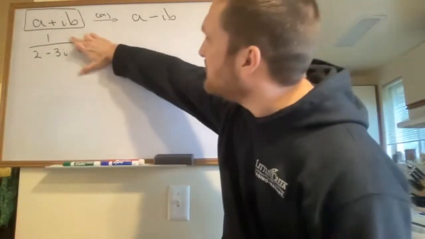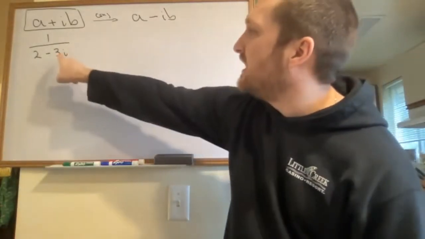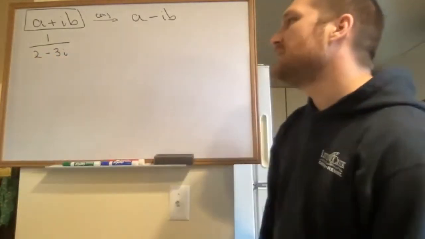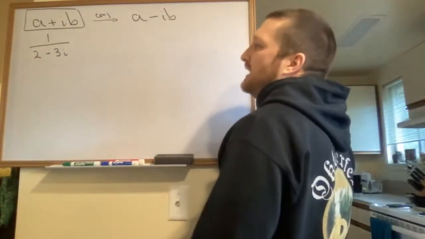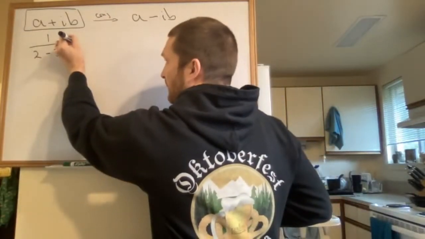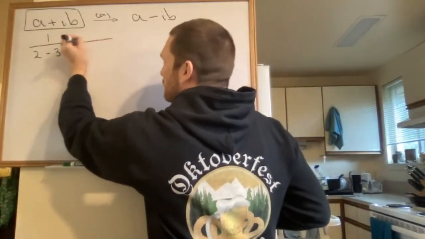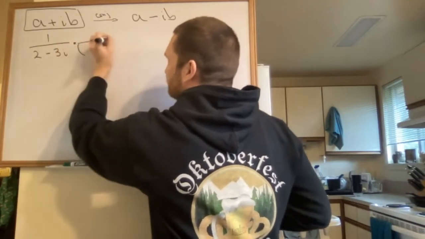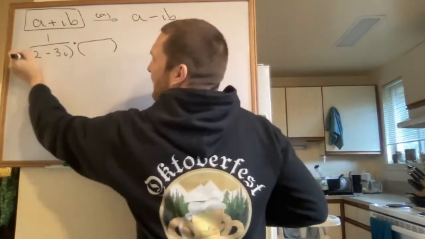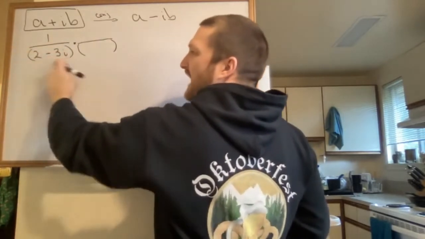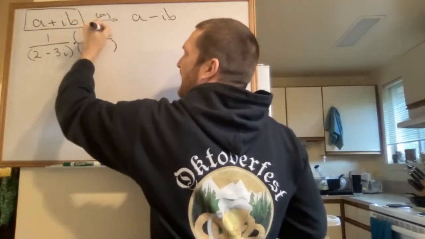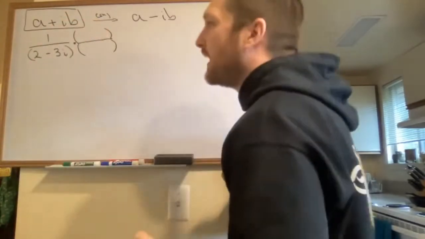So, knowing that a conjugate can kill this guy off, let's get rid of the imaginary part in the denominator by doing the same thing, just by analogy with what we did before. I know that if I multiply this guy by his conjugate, it's going to get rid of the i. And the only way to do that and not change the number is to multiply it by 1.